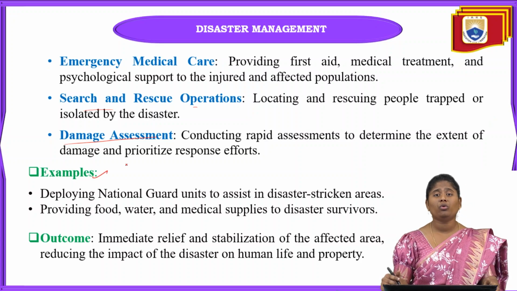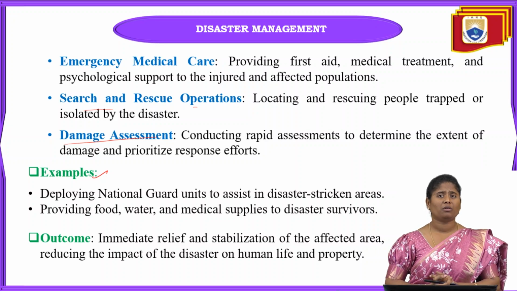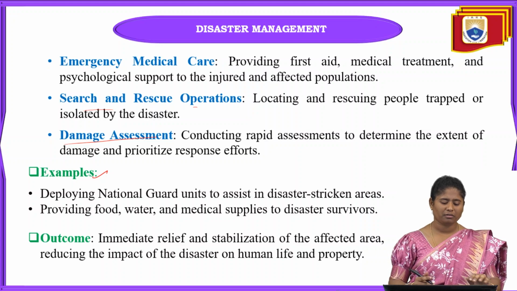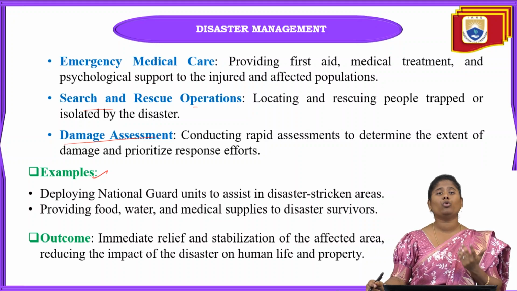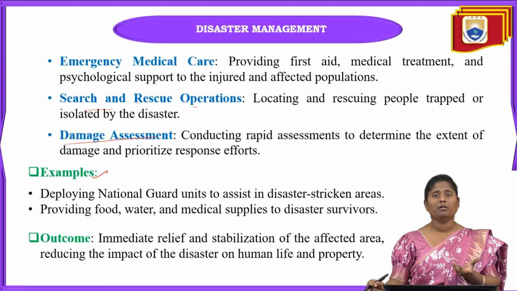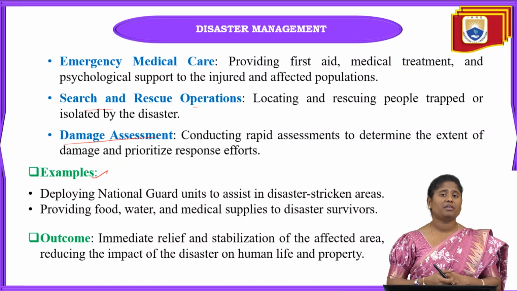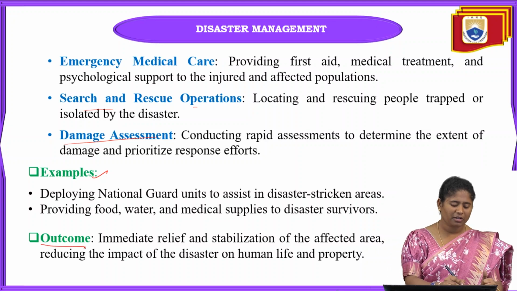Here we have to deploy the National Guard units to assist in the disaster-stricken areas, immediately. And also we have to provide food, water, and medical supplies to the disaster survivors, so that they can be safe at that time.